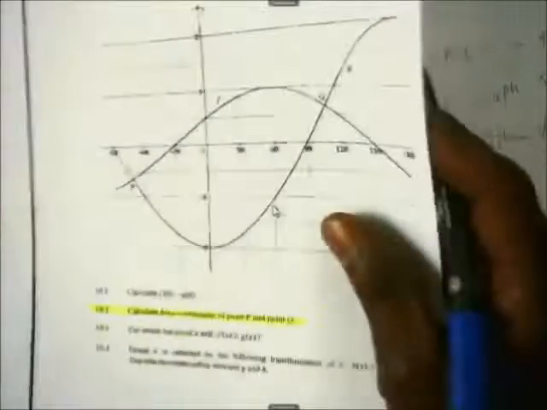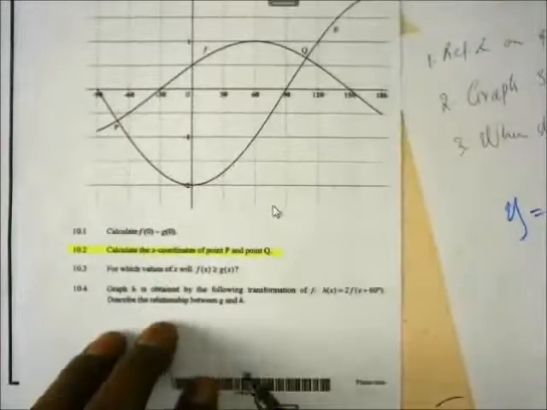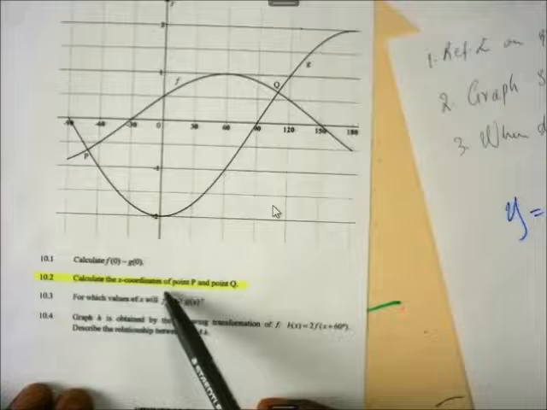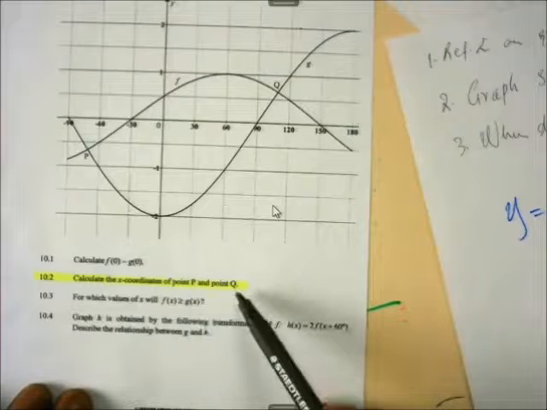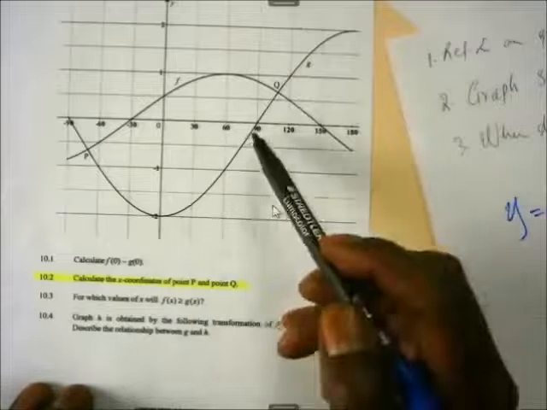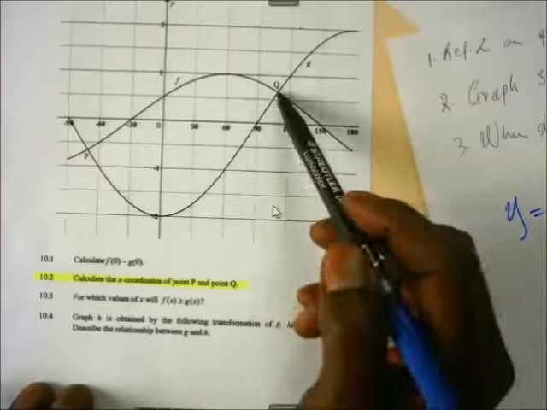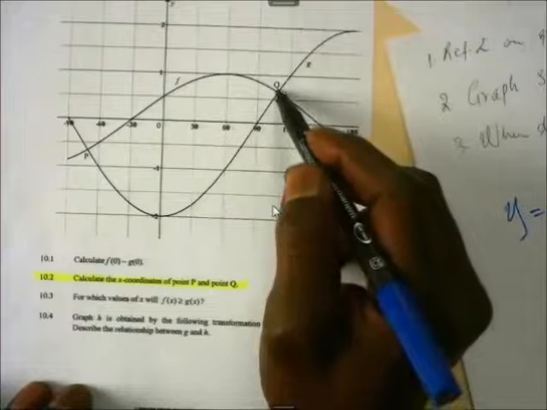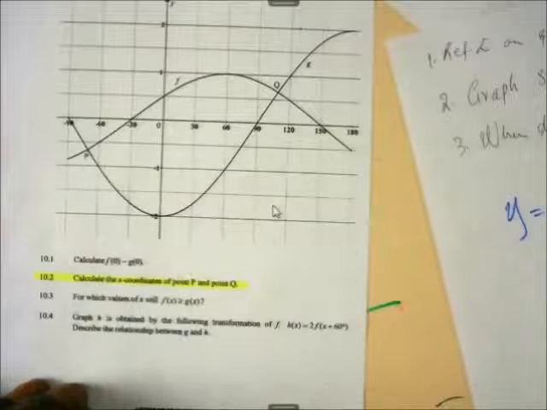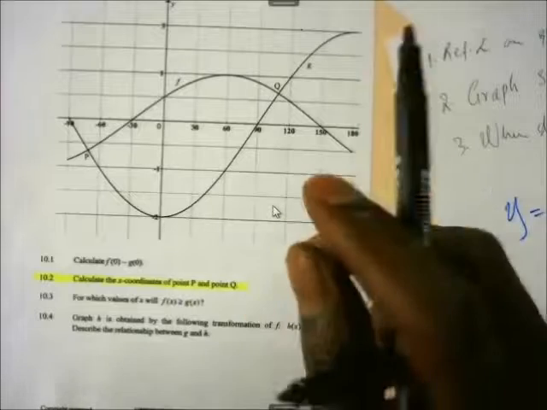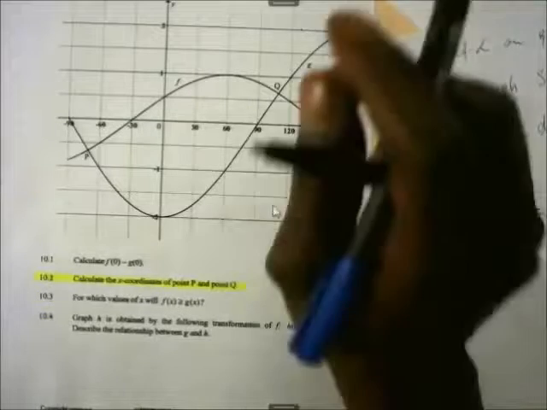The answer for this, which is one of the problems that we haven't done, they have said calculate the x coordinates of P and Q. As I've indicated, we are only going to get two solutions for this problem, P and Q. But if we've got a lot of solutions that we've got to find out, in the case of that grade 11 problem, we had 4 solutions.